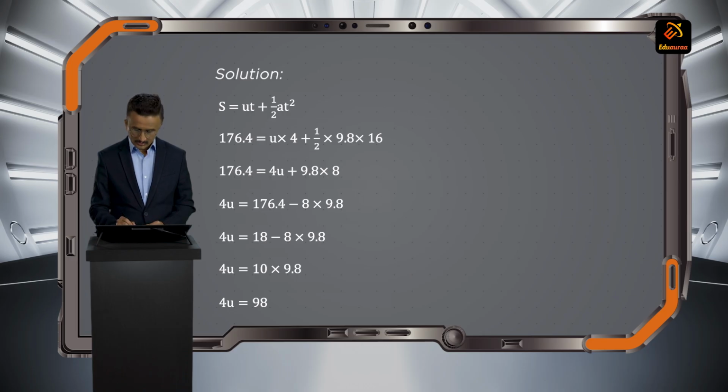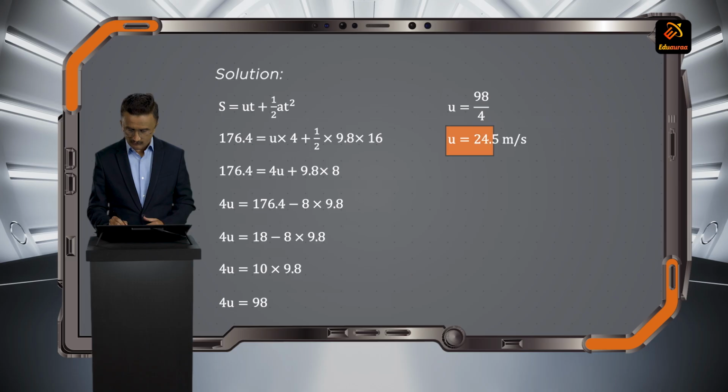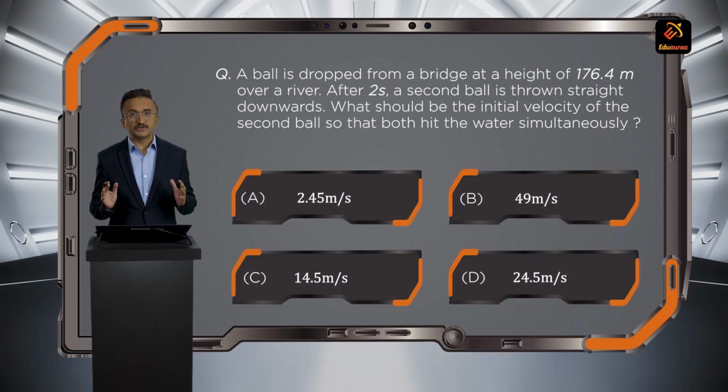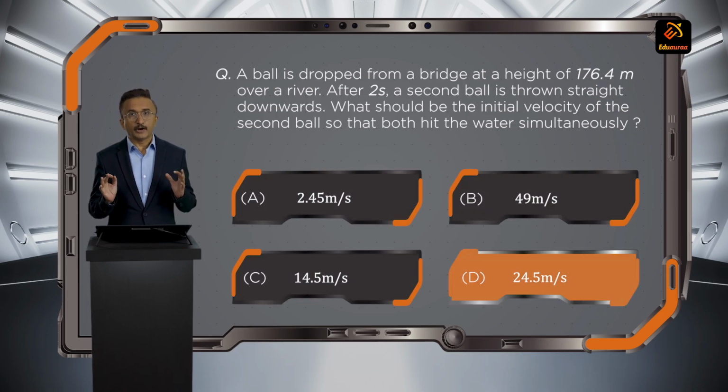Therefore, u is equal to 98 divided by 4, which is equal to 24.5 meter per second. So the correct option is option D, 24.5 meter per second.